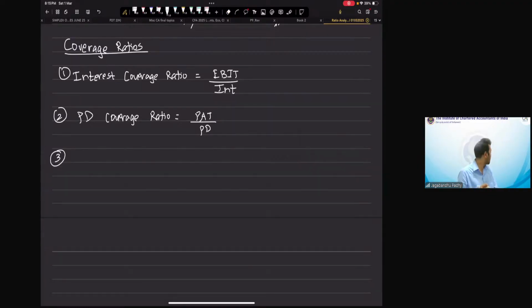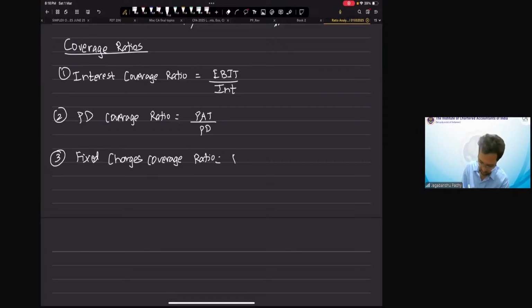Third is the fixed charges coverage ratio.